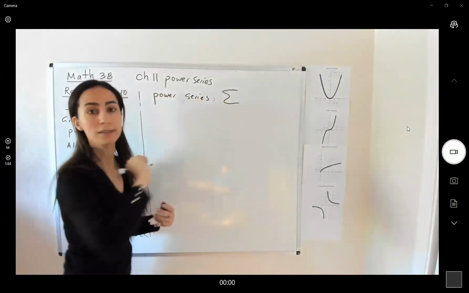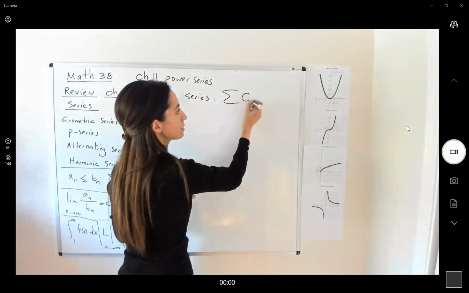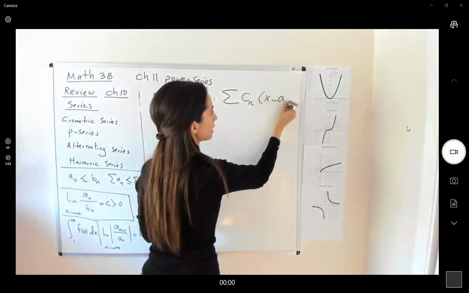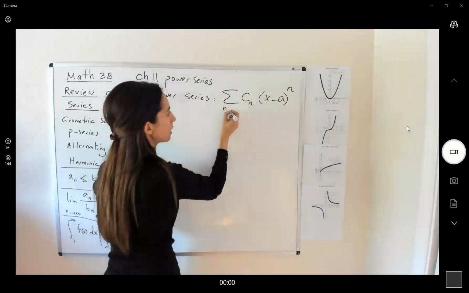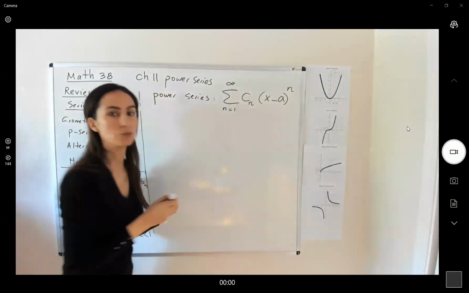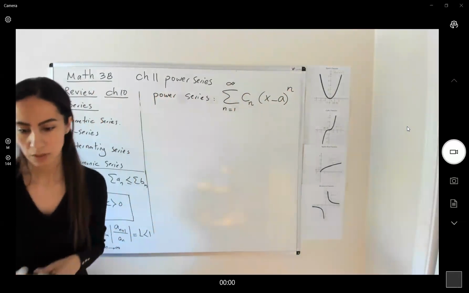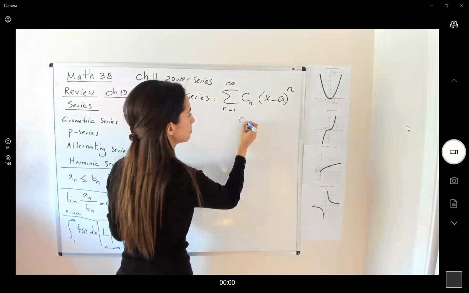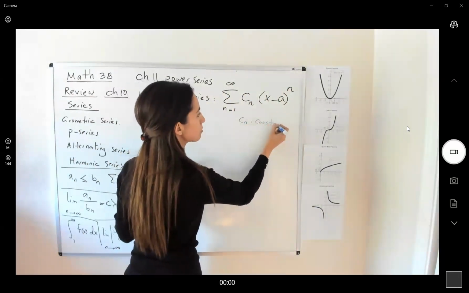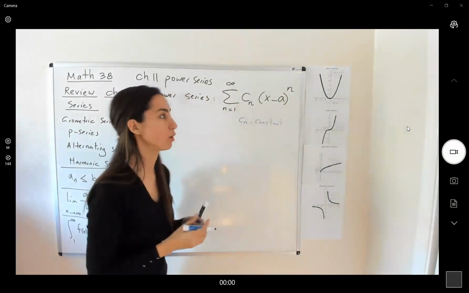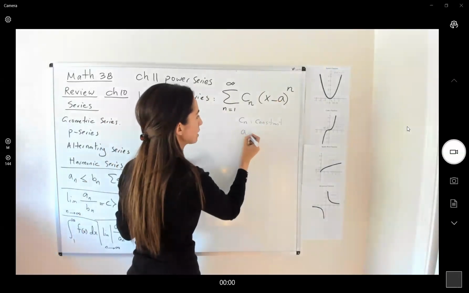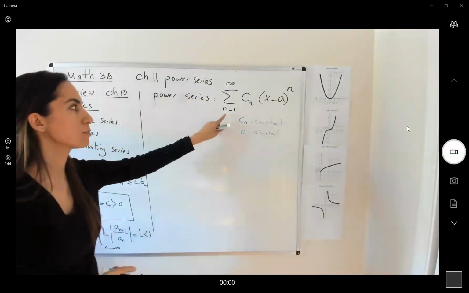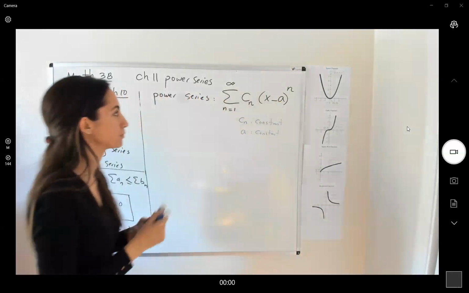It has the form: the sum of c sub n times (x minus a) raised to n, n starts from 1 and goes to infinity. c sub n is constant, some numbers, some coefficients. a is also a constant, some number, and n ranges from 1 to infinity.